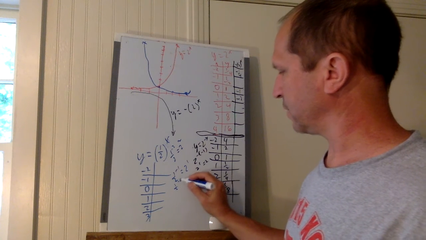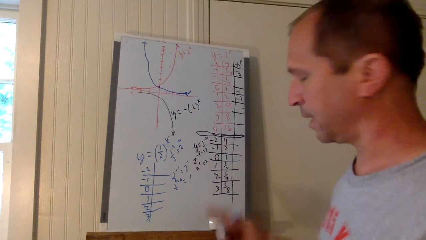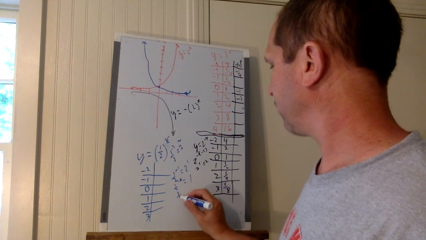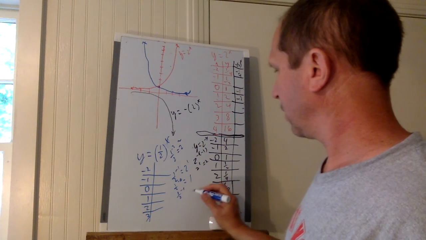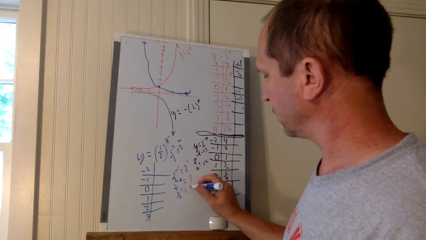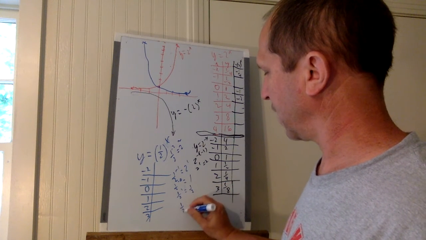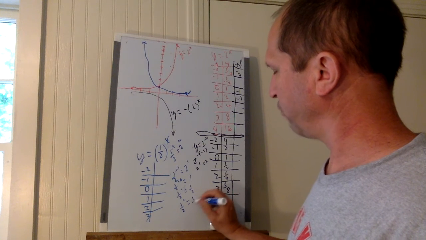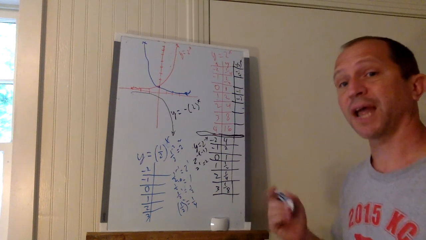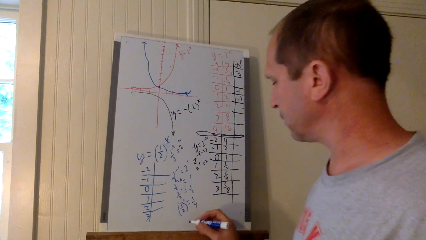1/2 to the 0 is the same thing as 1, because again, anything to the 0 power is 1. 1/2 to the positive first is just going to be 1/2. 1/2 to the second is 1/4. Again, you're raising both the numerator and the denominator to that exponent.